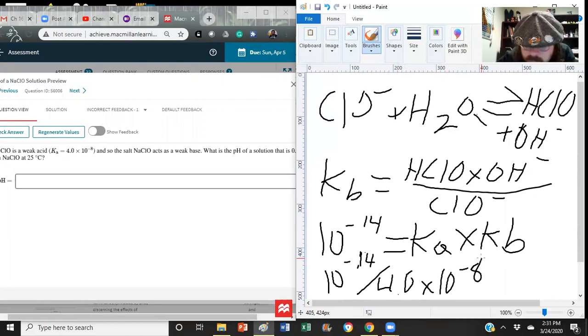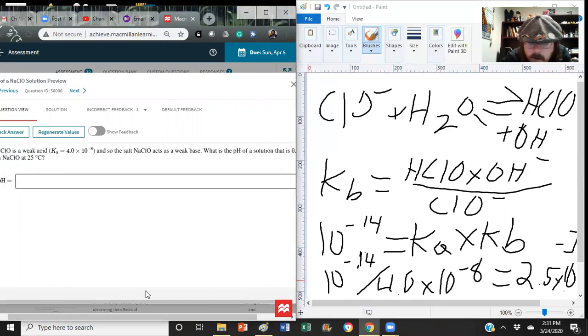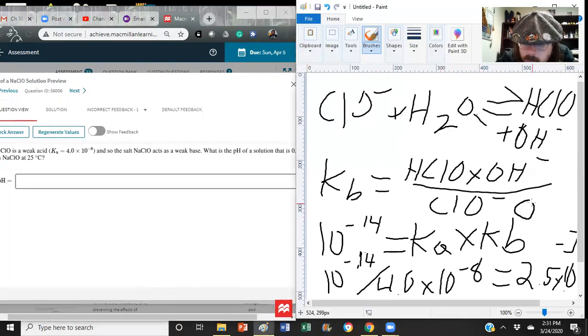You get a Kb that is 2.5 times 10 to the negative 7th. So we have a Kb. We have the concentration of our ClO minus, which is equal to 0.08.